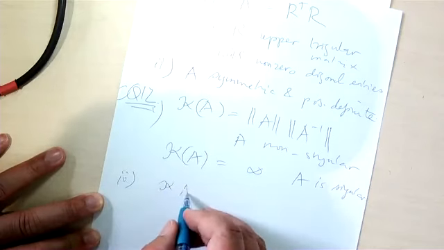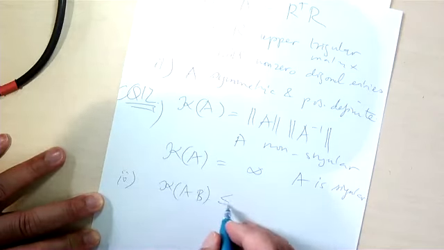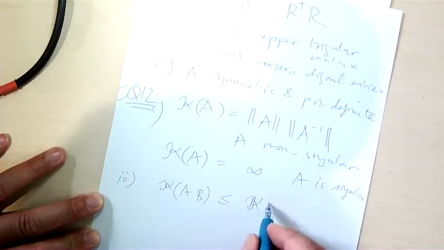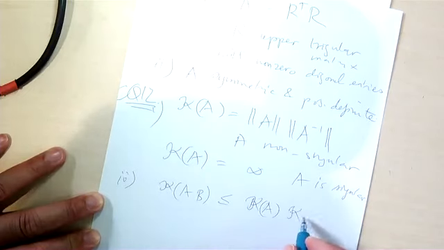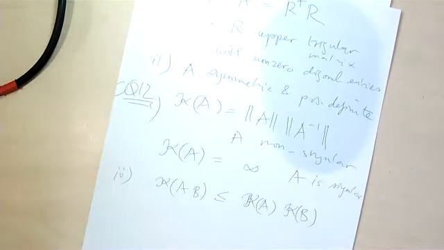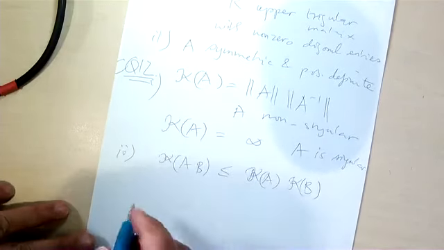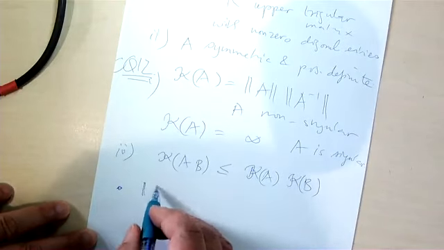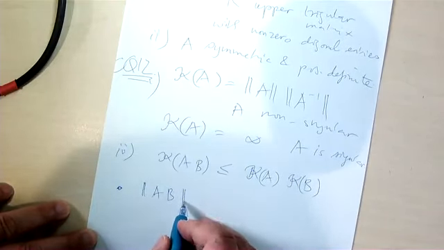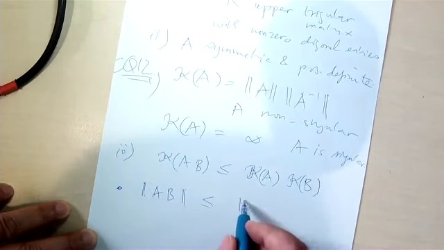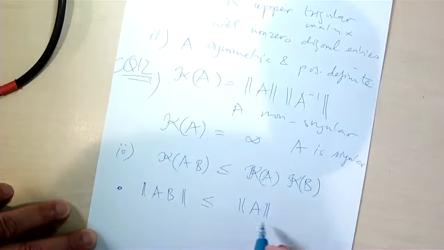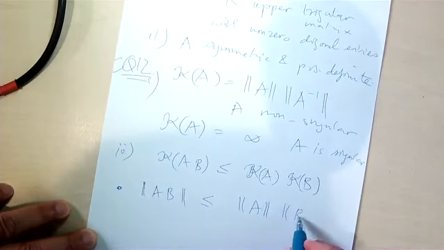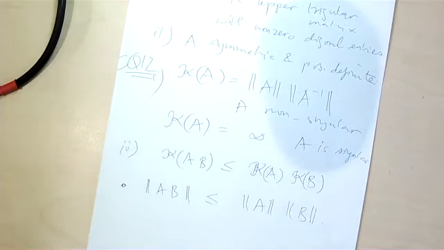So prove that the condition number of AB is less than or equal to the condition number of A times the condition number of B. Okay. So this one is in the lecture notes, and you have to prove it in 2 steps. So first, you have to prove the norm of AB is less than or equal to the norm of A times the norm of B. Right?